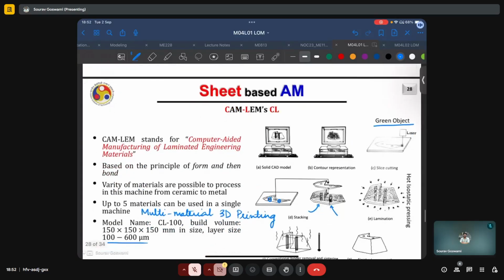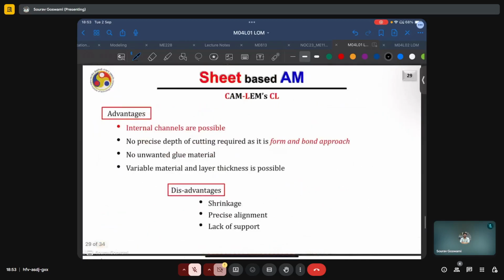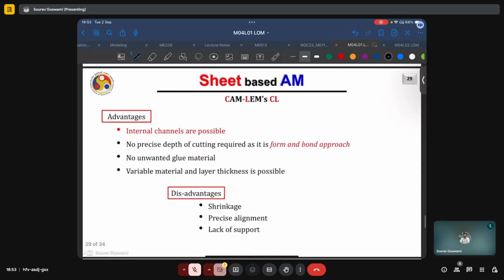Typically here, there will be some sacrificial plate at the bottom, and even if we use a much higher depth of cut for the laser and end up cutting some of the plate, it does not really matter because it is of a sacrificial nature. Had this already been pasted on the pre-deposited material, then we would have been in trouble because we would have to be very precise with the depth of cut, but not so in this case.